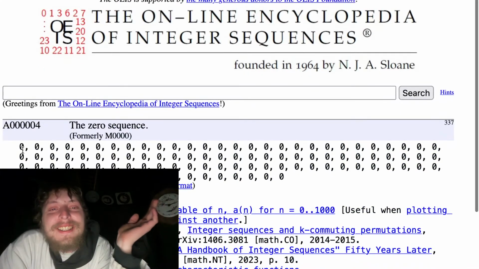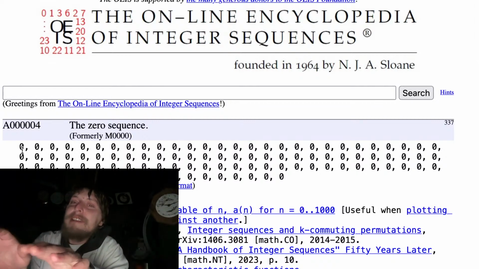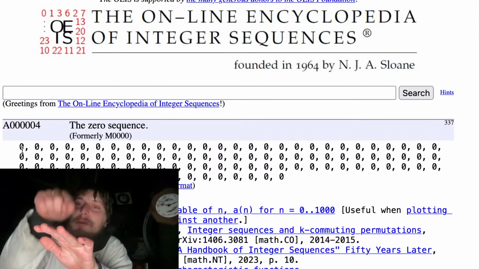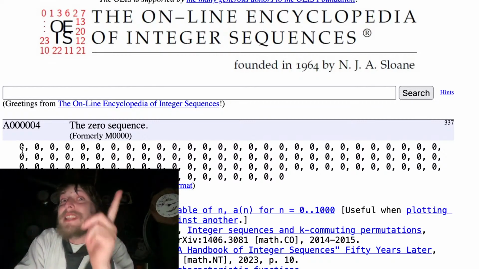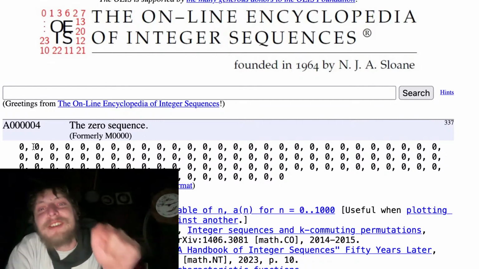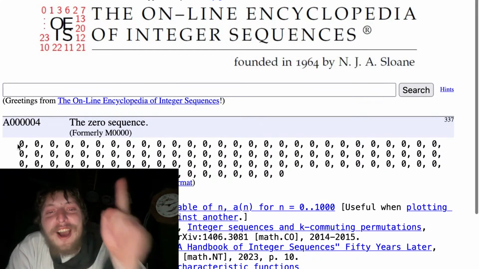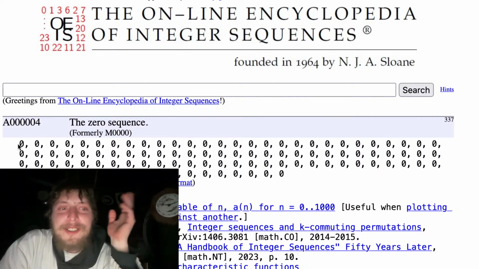Like, what if we wanted to say, okay, the sequence of all the natural numbers, what are the differences between each of those? It's 1 is the difference between each and the next. What are the differences between the differences? The differences between a string of 1s is a string of 0s. So this is the double differences of the natural numbers and many other things.